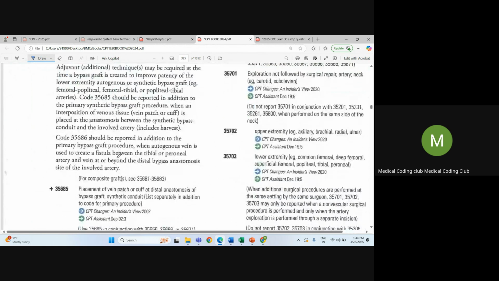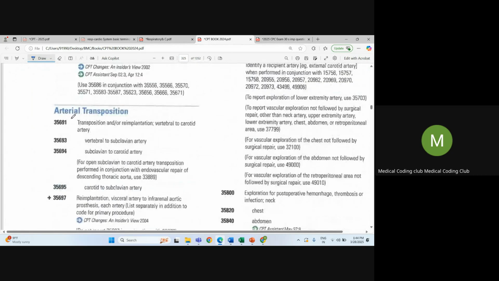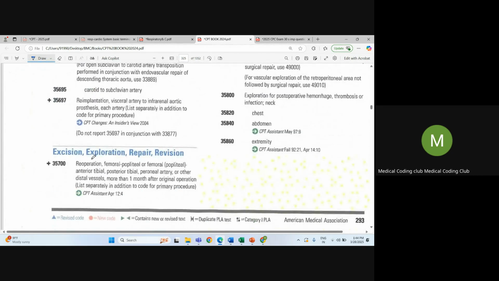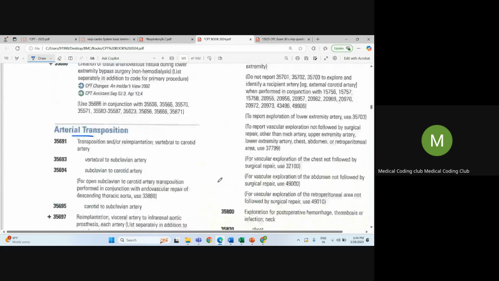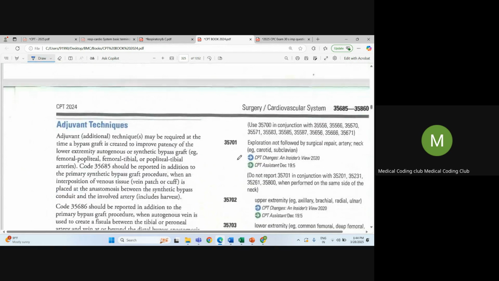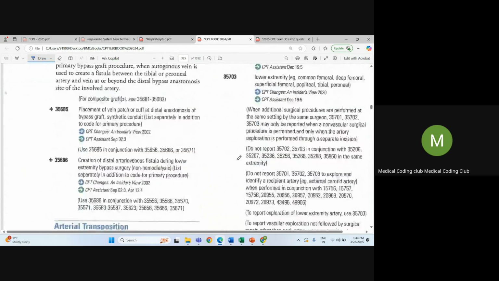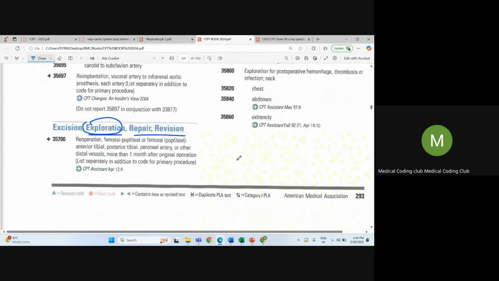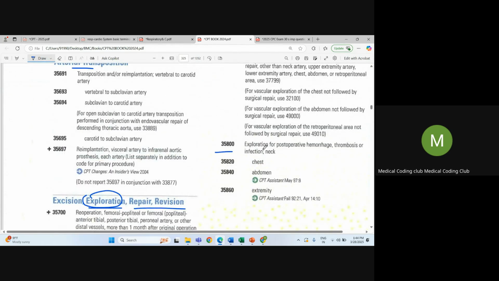You can see here transposition and excision, exploration, repair and revision. Under this you need to check the 358 series. 35800, exploration of post-operative hemorrhage, thrombosis or infection of the neck. So this is what I was mentioning.